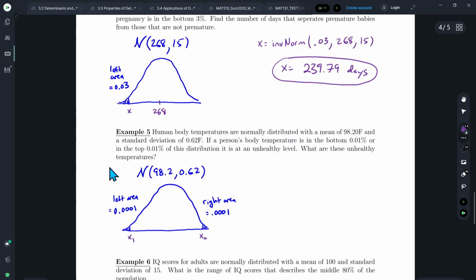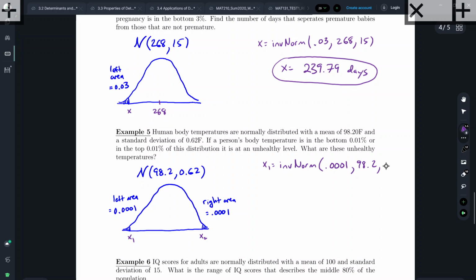First for x1, this is already a left area. So that would be the inverse norm of 0.0001, with mean 98.2 and standard deviation 0.62.